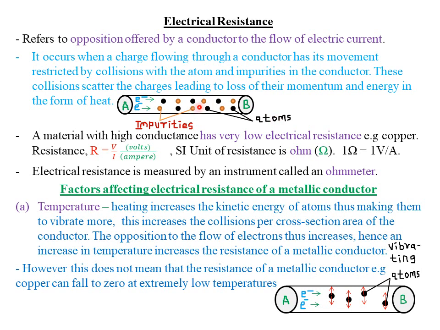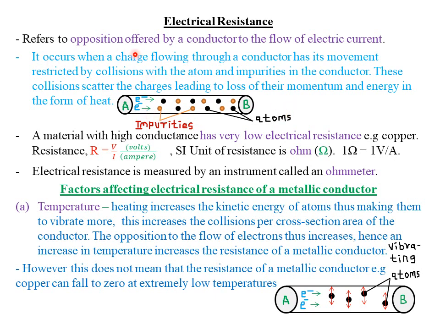So if a conductor has few impurities and few atoms, it means it is a good conductor, because the electrons will have nothing to block them from flowing from point A up to point B as they move the charges. Therefore, a material with high conductance, or a very good conductor, has very low electrical resistance, because the electrons flow within it as they move charge from point A to point B with very low or minimal opposition from the impurities and the atoms.